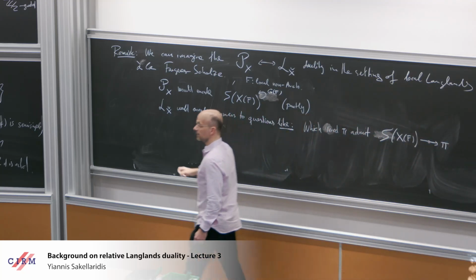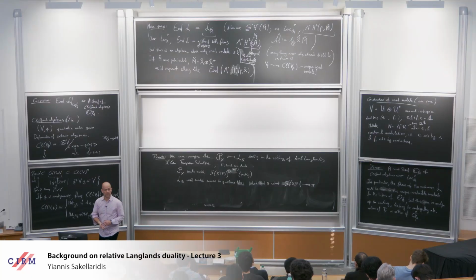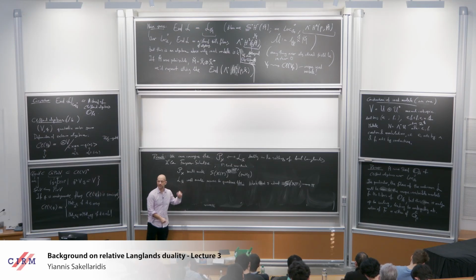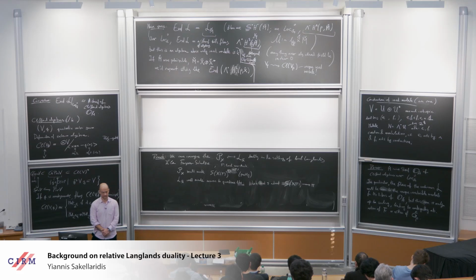You should be able to read this off from the L-sheaf, because the irreducible representations correspond to certain skyscraper sheaves on the spectral side.